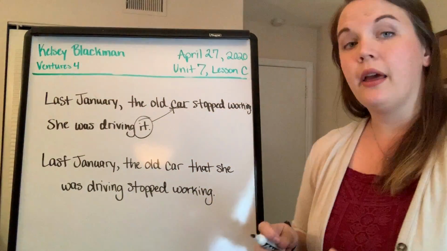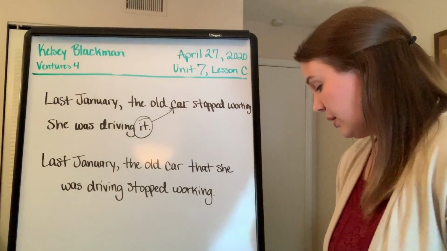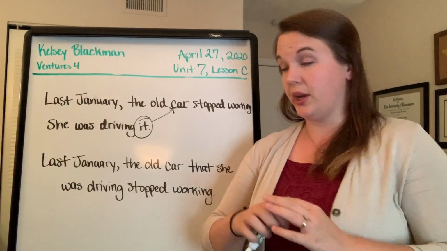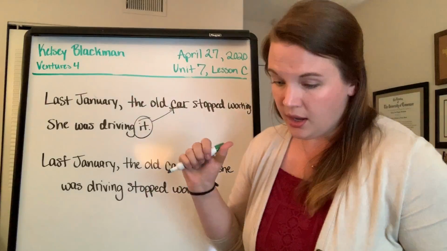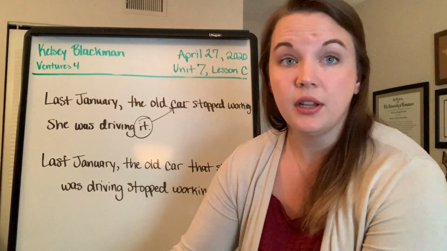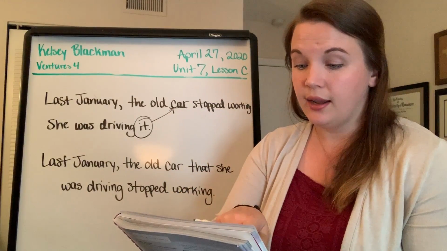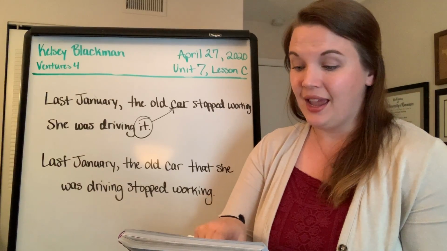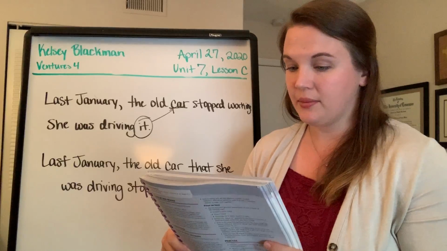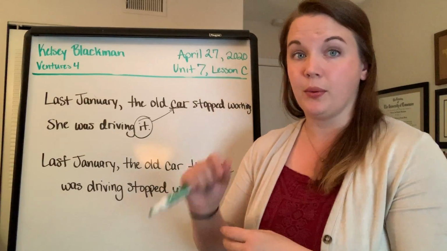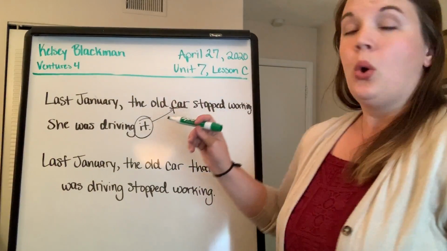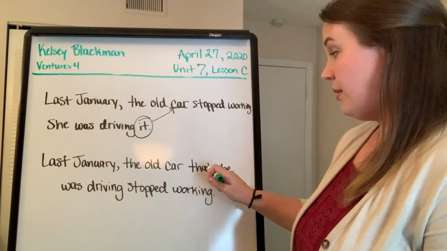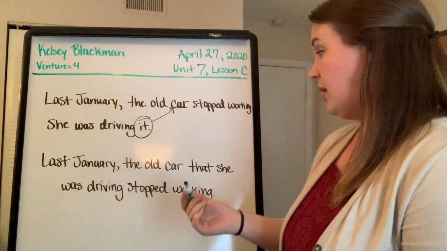Okay, now the reason this is better, in fact, the reason this is the correct way to do it is because adjective clauses, look at the top of page 88 again. Adjective clauses come after a noun and begin with a relative pronoun. That is an example of a relative pronoun. So, where is the noun that the adjective clause is going to come after?